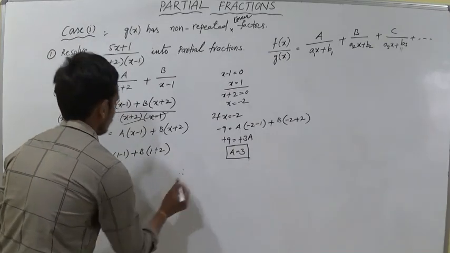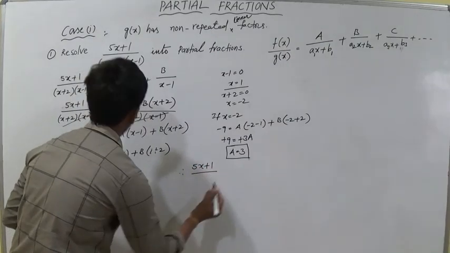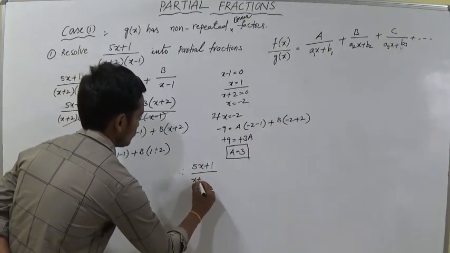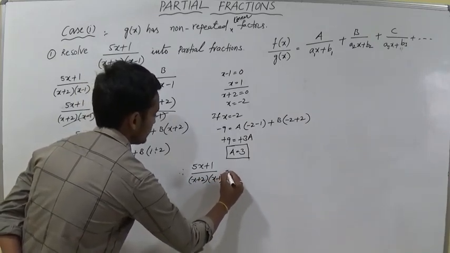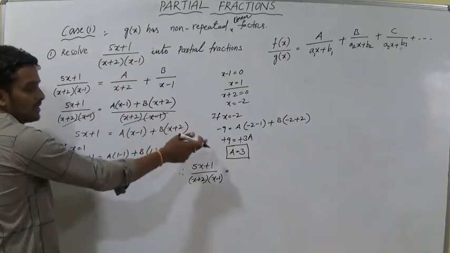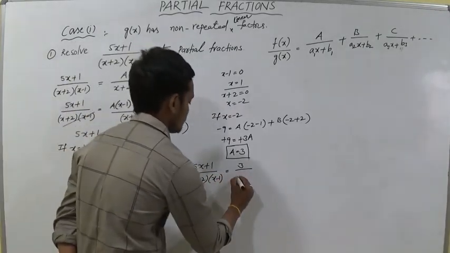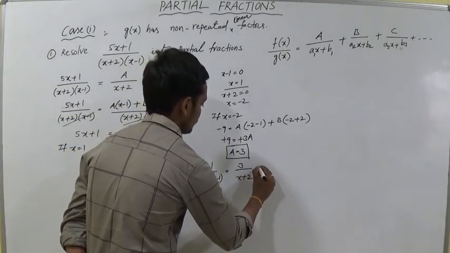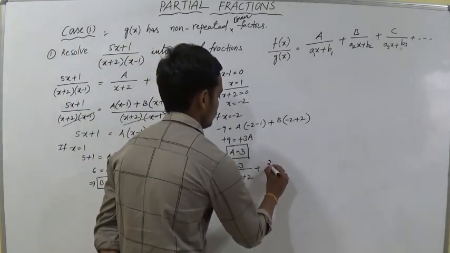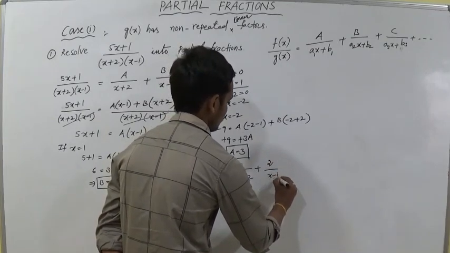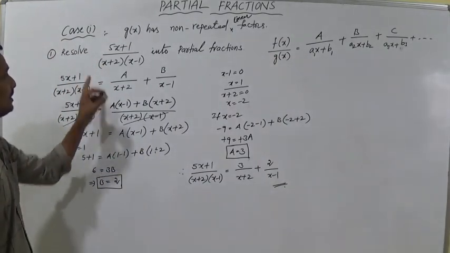Finally, the partial fractions: 5x plus 1 by x plus 2 into x minus 1 is equal to a, which is 3, by the denominator x plus 2, plus the value of b, which is 2, so 2 by x minus 1. This is the partial fractions of our given proper fraction.